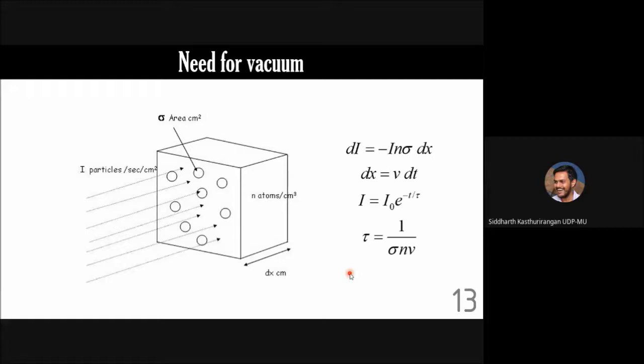This is a basic idea which is being expressed over here. And so if you don't want your beam particles to get lost, then you need high vacuum inside the chamber.